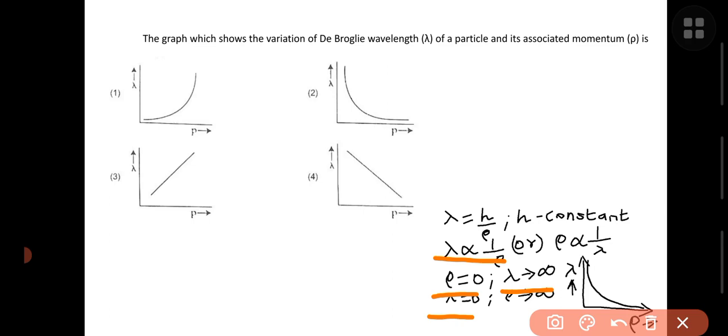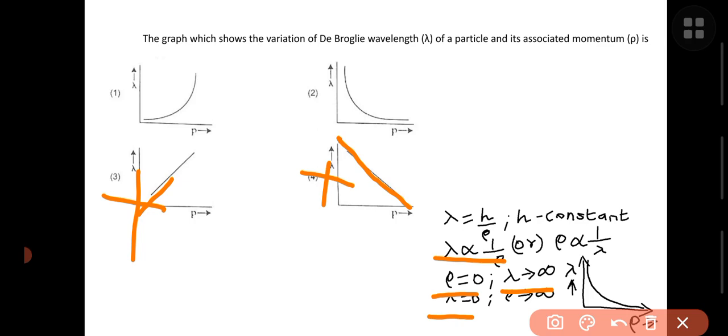We can eliminate option 3 and option 4 because they have a finite value. This graph starts from 0, it is a finite value. Here too we have a finite value.